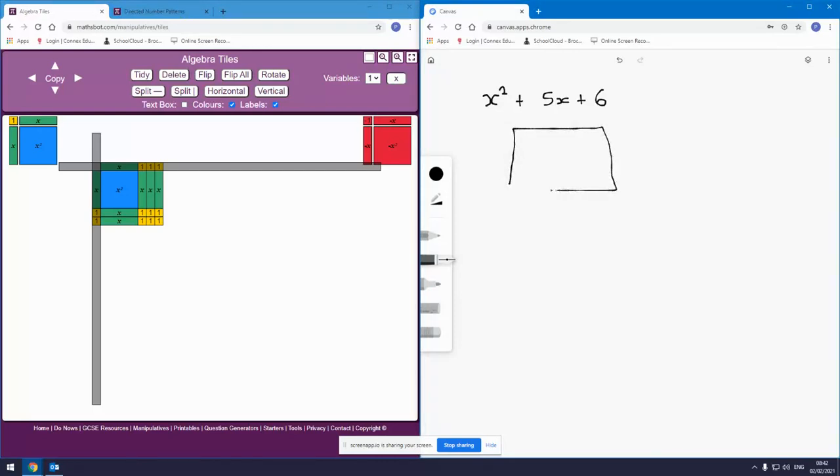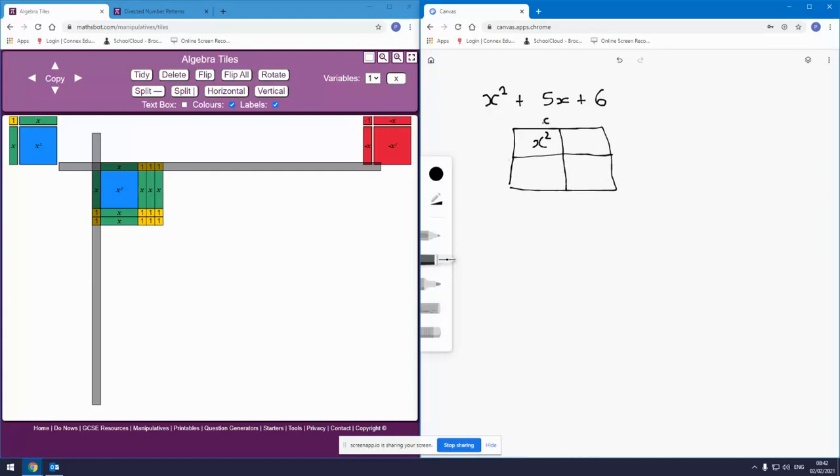This is my rectangle, not a very good one in that case, but I can see that I've built it in ultimately 4 parts, where I've got an x squared part. Importantly, the numerical part has to be corner to corner with the x squared, because it can't line up along either of these lengths.